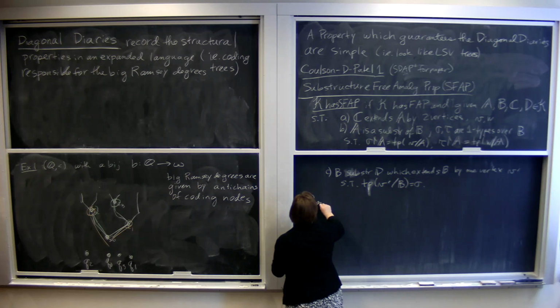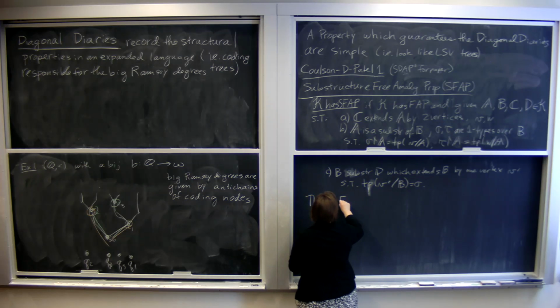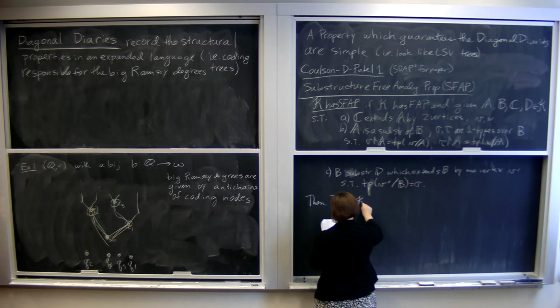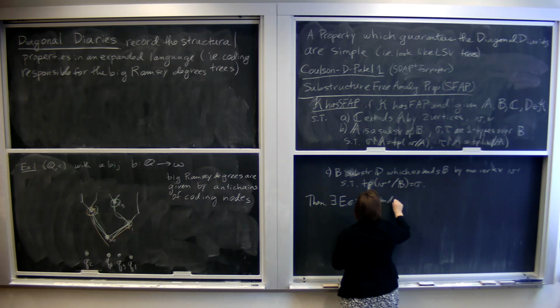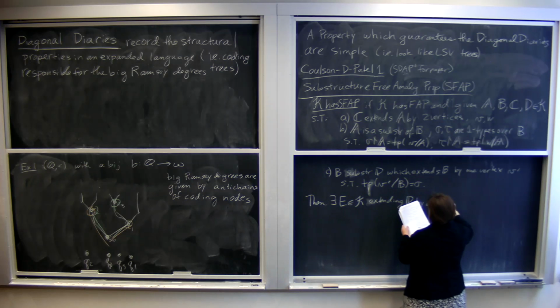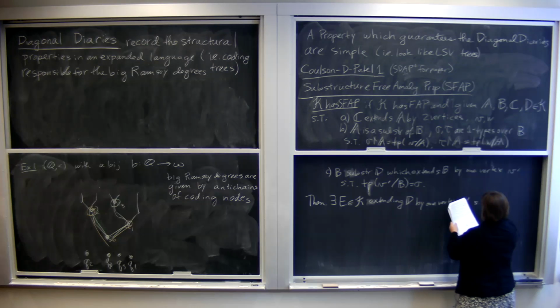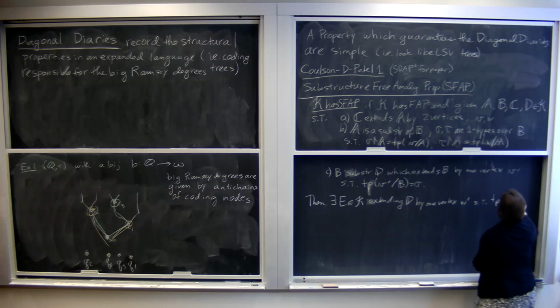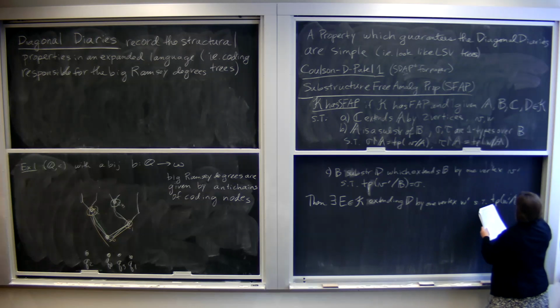Then there will be a member of your class, E, extending D by one vertex, we'll call W prime, so that the one type of W prime over B is exactly tau.